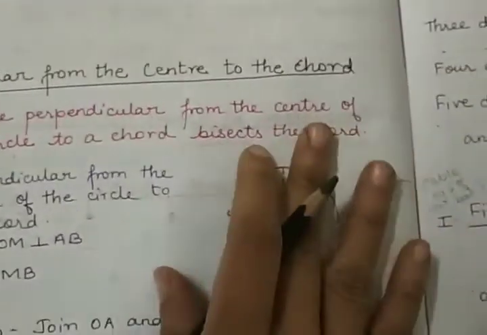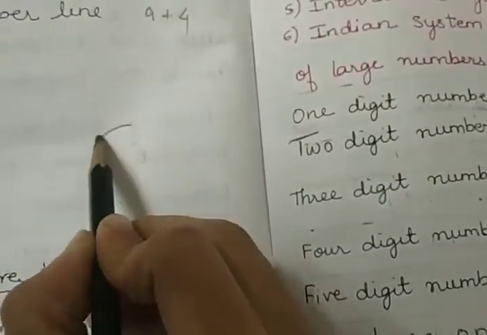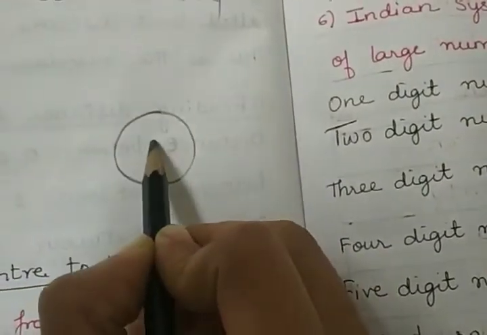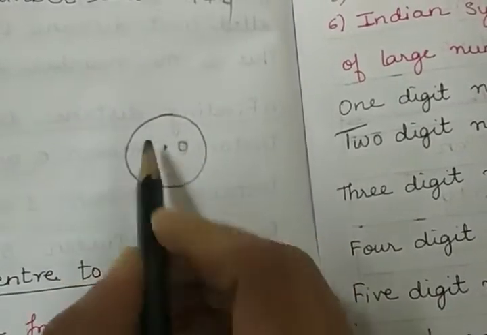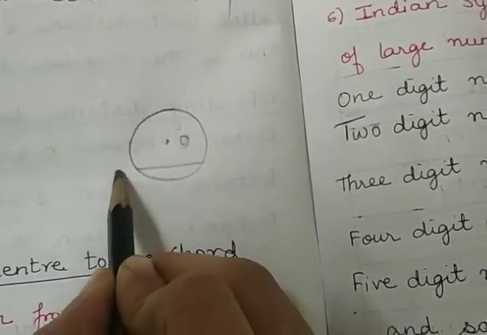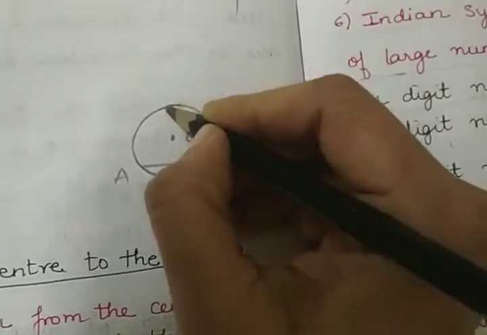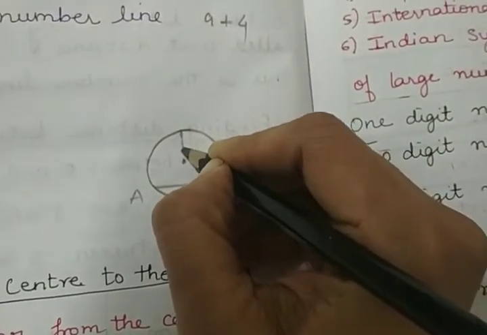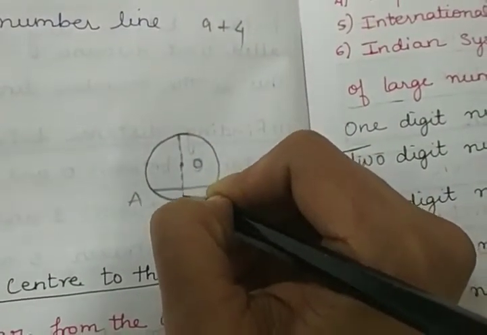The actual figure is like this. You have a circle and you have the center of the circle here, and you have a chord AB, and you are drawing a perpendicular which passes through the center of the circle.